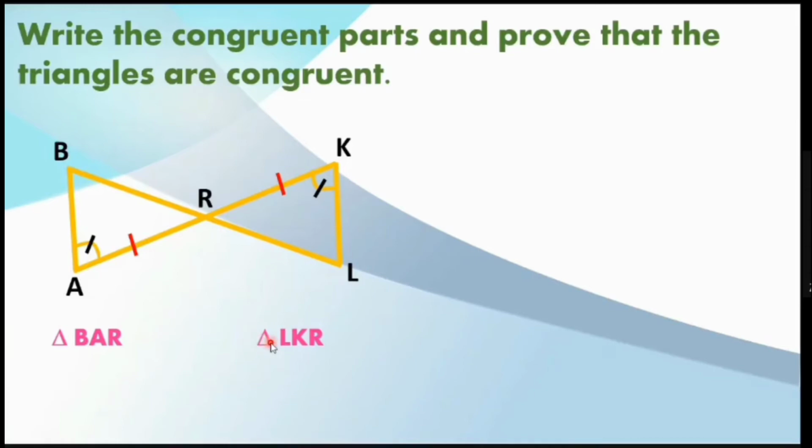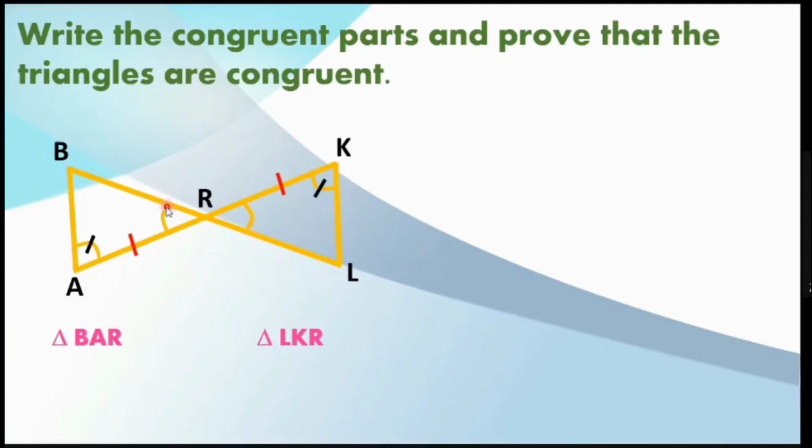But as we can see in the illustration, there are only two pairs of corresponding parts that are marked. So we need to find out one more pair of corresponding parts. As we can see, this left angle here and this right angle here are also congruent. Why?